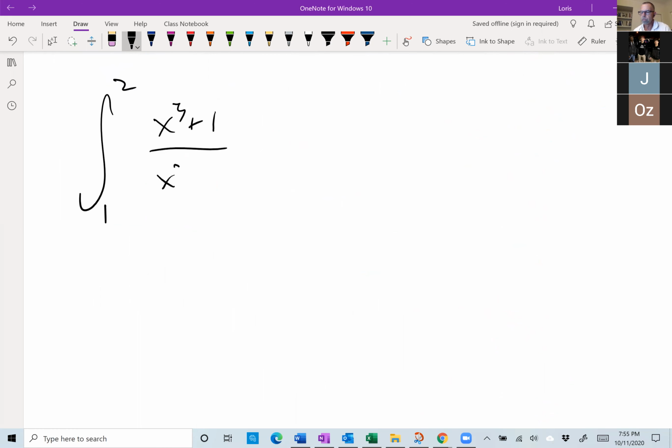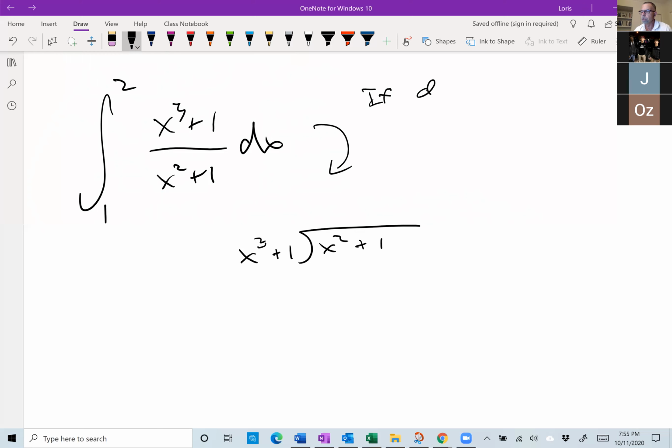Yeah, because the highest power is 3 on top and 2 on the bottom, so you do division because the numerator is higher. So if the degree of the top numerator is greater than the degree of the bottom denominator, do long division first.